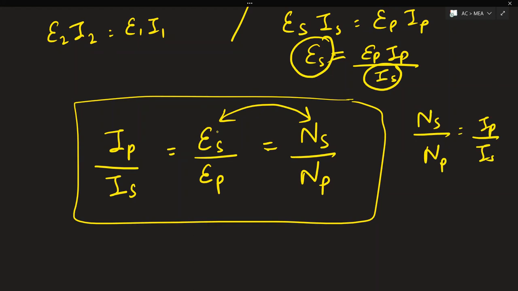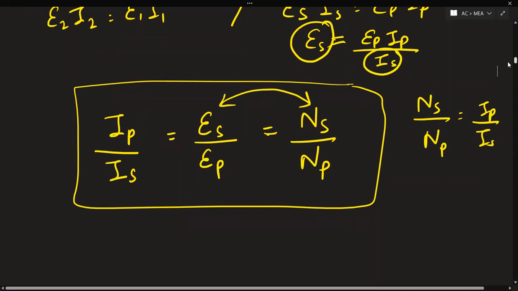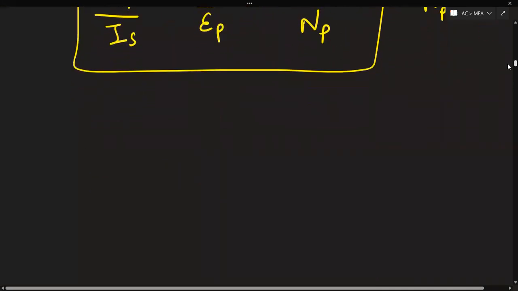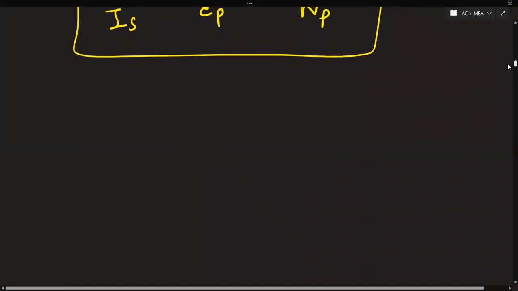So this is actually the output EMF divided by the input EMF. One more thing, power also you can write, input power and output power, from here. Input is at the primary, and output is at the secondary.